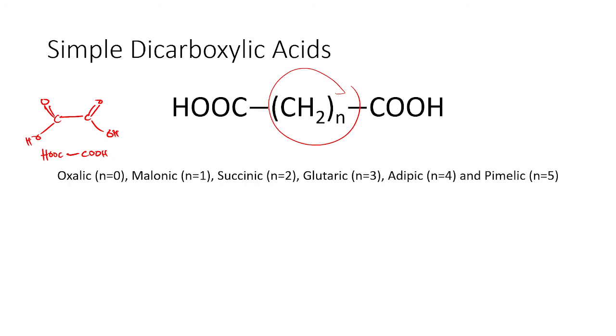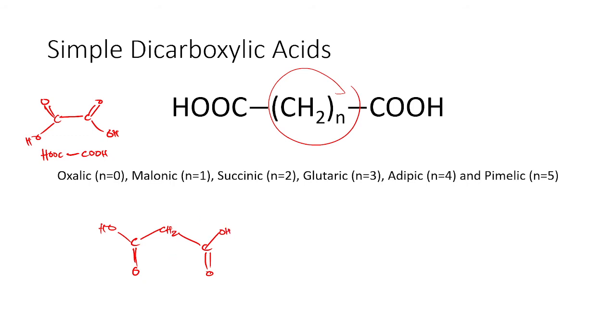And if we have one CH2 dun sa gitna ng dalawang carboxylic group natin, tinatawag natin yung malonic acid. So by malonic acid, you will have here tatlong carbon atoms. So you will have here your CH2, another carbon, then meron ka ritong double bond sa oxygen, tapos pareha silang may OH. So that is our malonic acid.